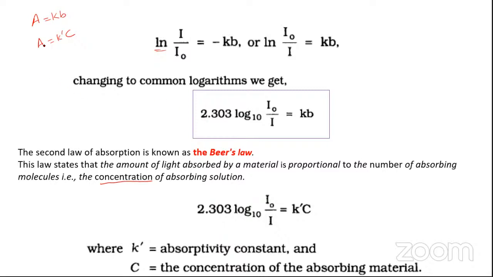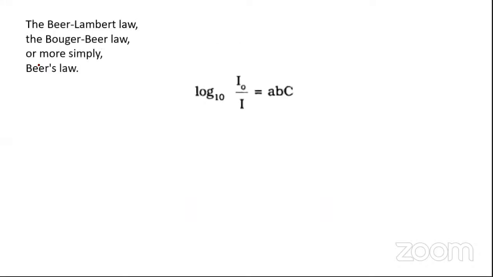So if I want to club these two things together, can I put it like this? A is equal to K prime times small b and capital C. Where A was absorption, K was proportionality constant for path length or thickness of the absorbing material, and K prime is the proportionality constant for concentration.